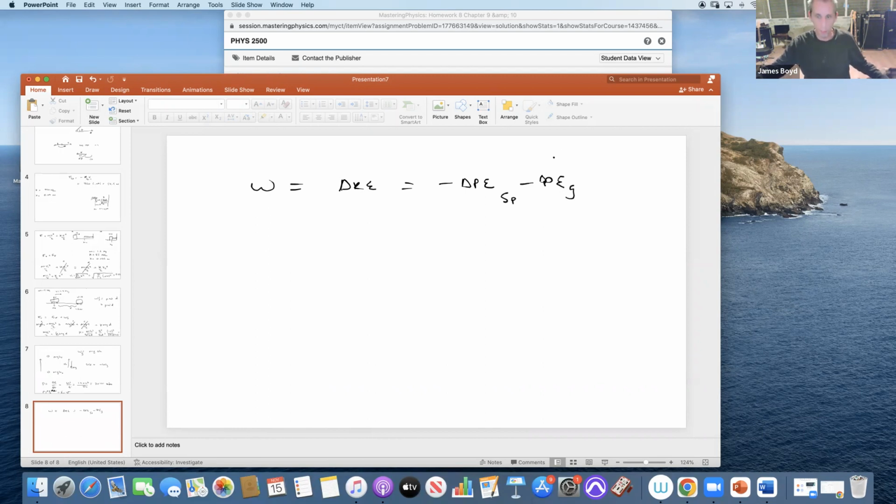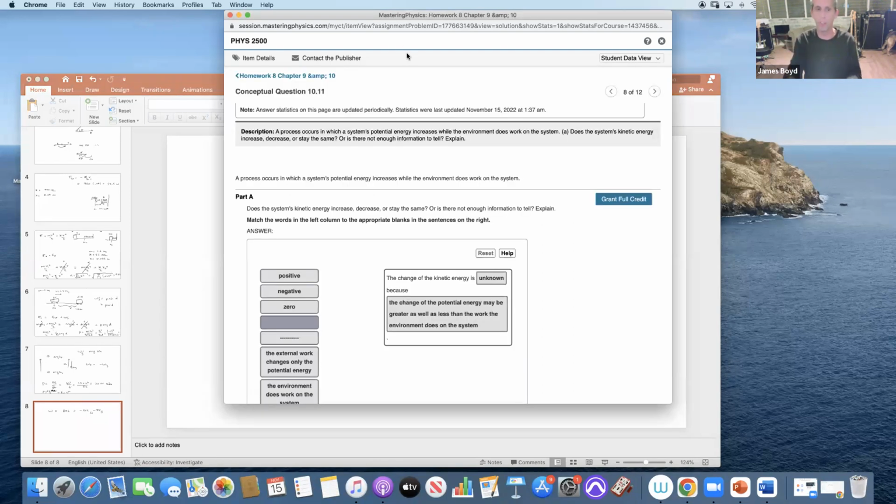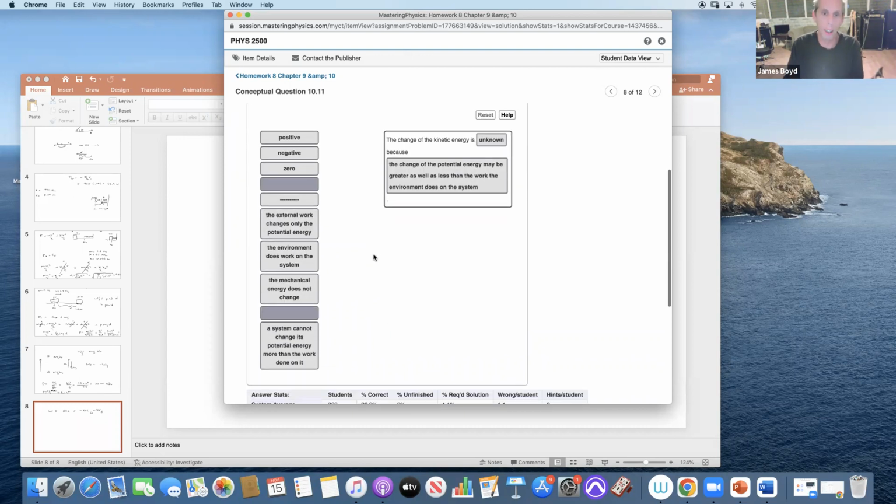If this goes up, the kinetic energy goes down. Think about throwing a ball up. As the ball rises, its gravitational potential energy increases as it slows down. It loses kinetic energy. However, as it falls, its potential energy decreases while its kinetic energy increases. They have an inverse relationship. So does it increase, decrease, or stay the same? Okay.